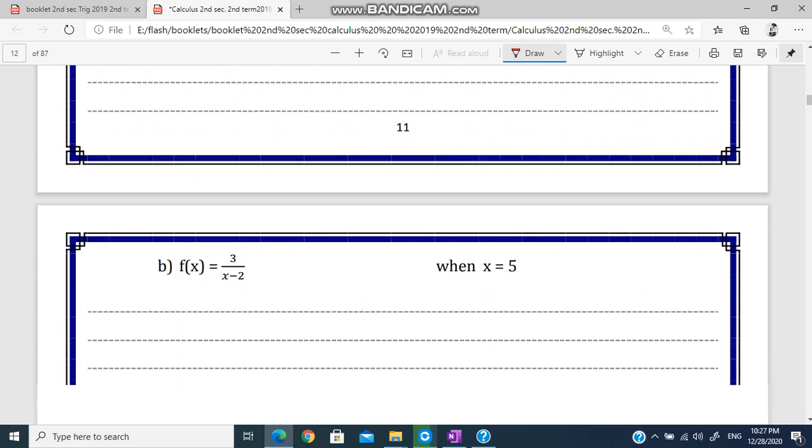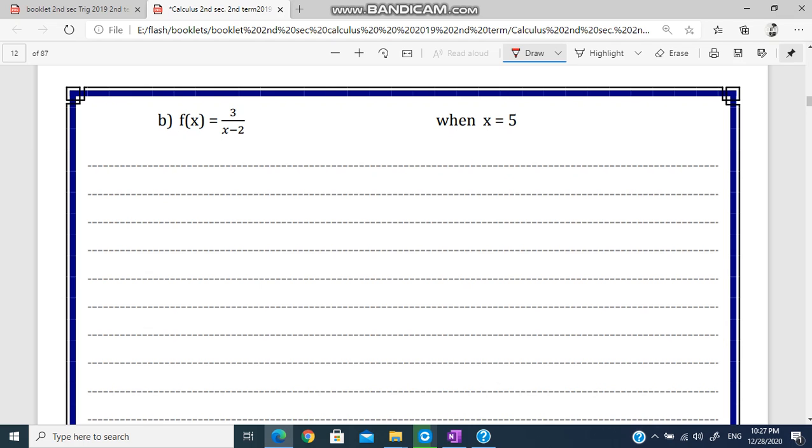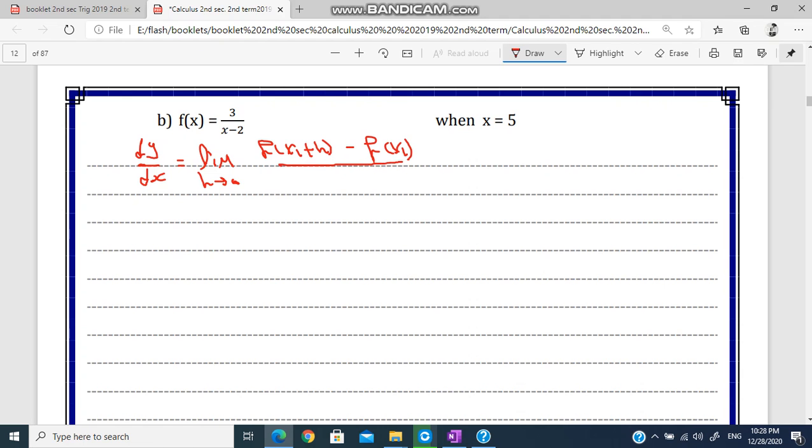The next example: f of x is 3 over x minus 2, so dy by dx, the rate of change, equals the limit as h approaches 0 of f of x1 plus h minus f of x1 all over h. So it will be the limit of 3 over (x1 plus h minus 2) minus 3 over (x1 minus 2), all divided by h.